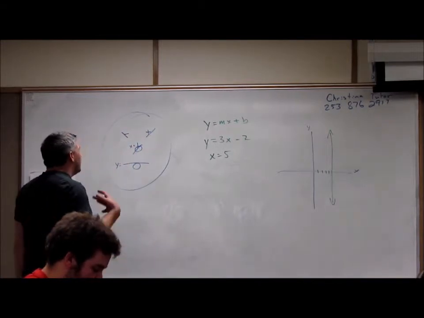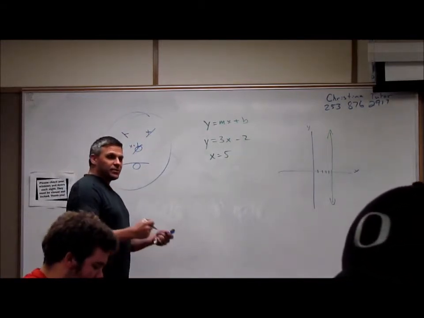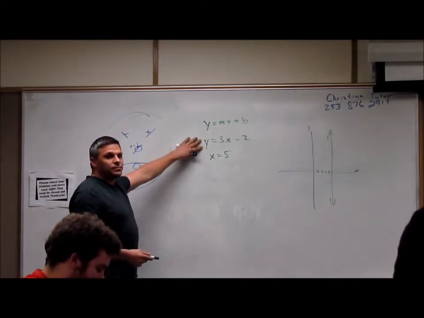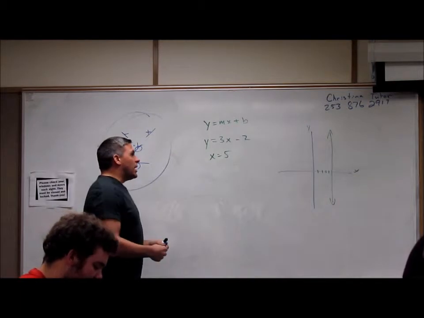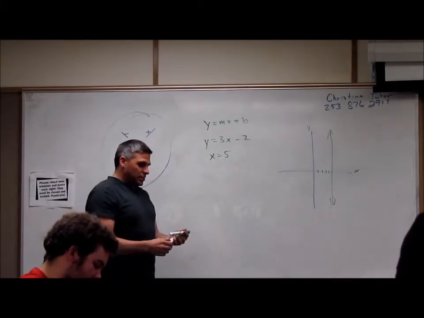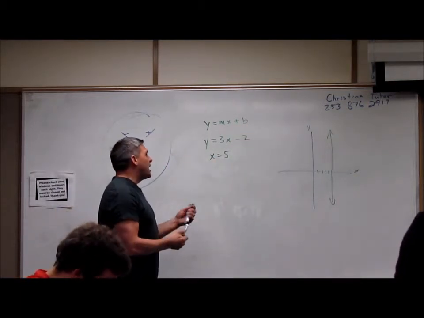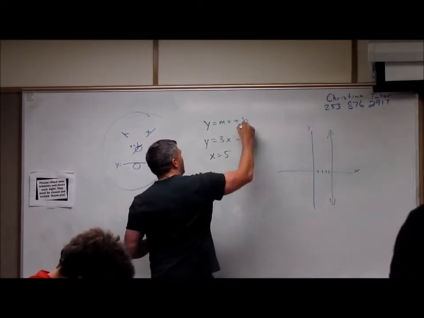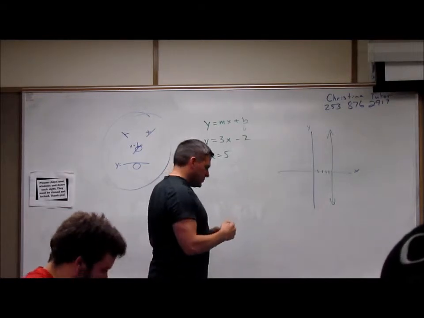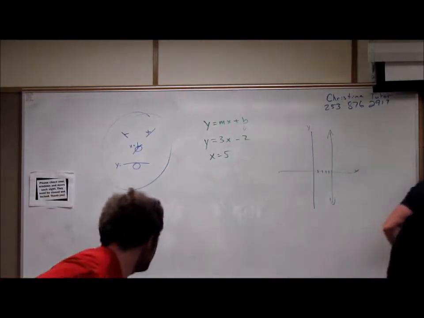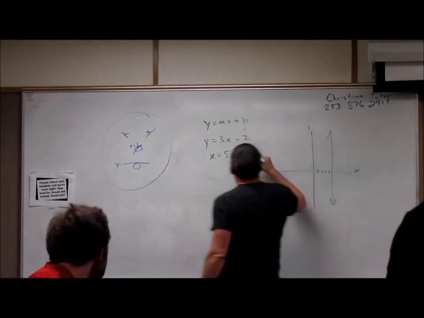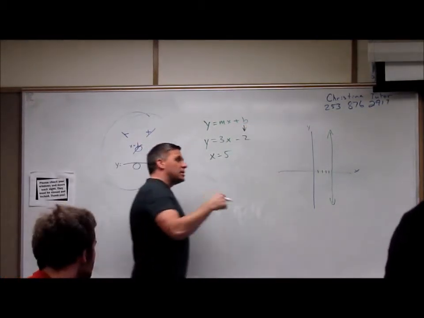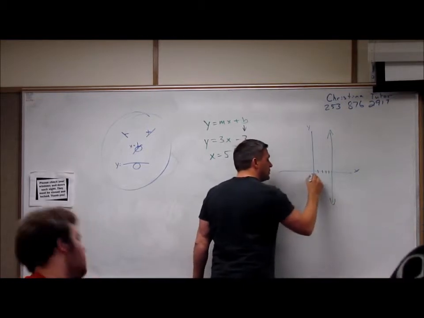Okay? So this is all chapter 7 stuff. That's why I'm going a little fast with it. Then I've got this equation. And I know that b is my y-intercept, right? So I'm going to do this in black. B is right here, so we're going to come down to the y-intercept, which is negative 2.